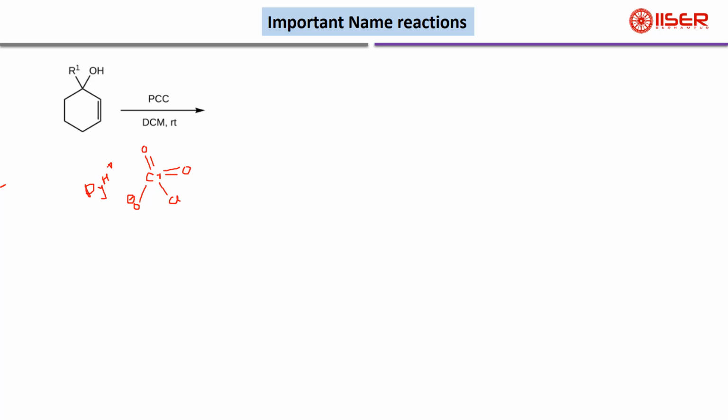So it will undergo oxidation. So this OH will attack this chromium center and eliminate this Cl from the system.